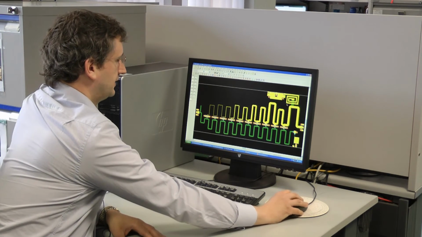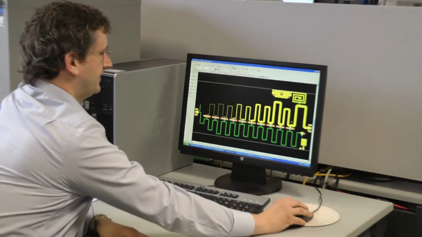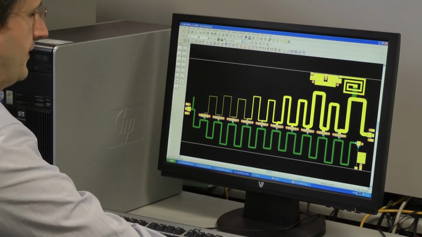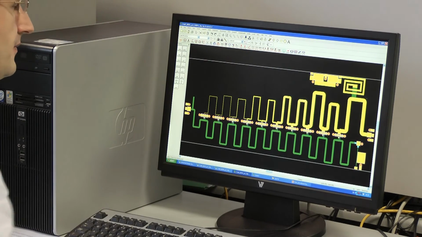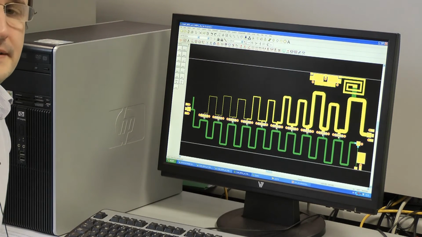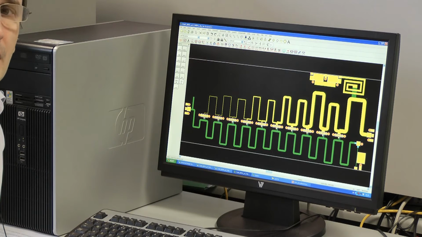If we look at our drain line again, starting from the output, working backwards towards the input, its characteristic impedance increases.